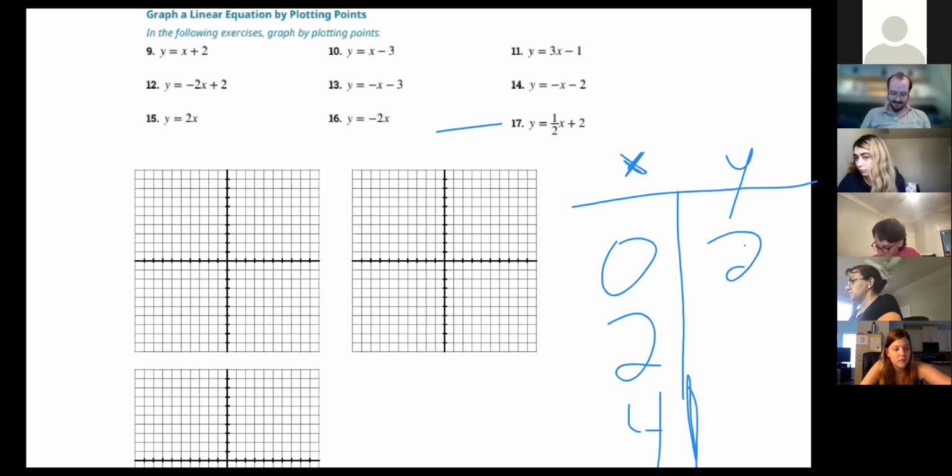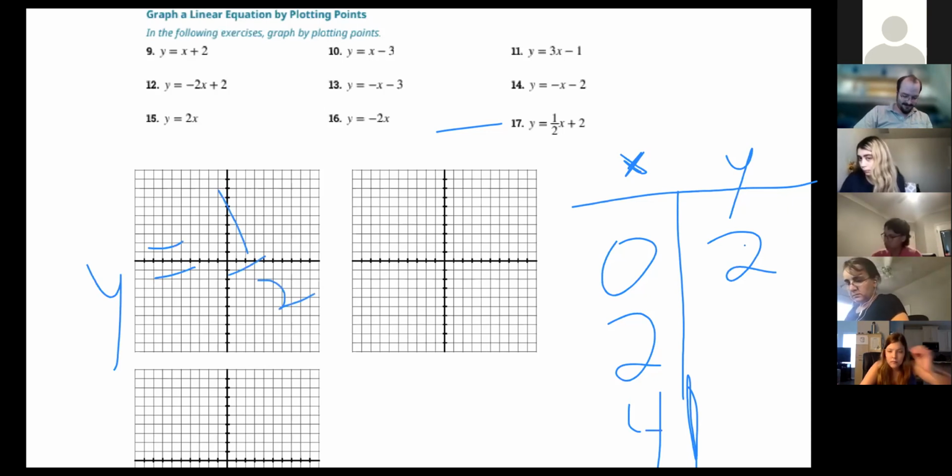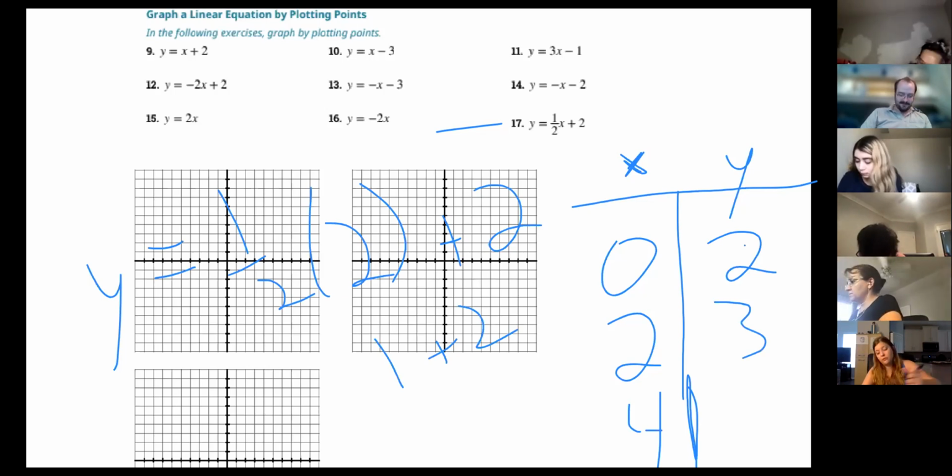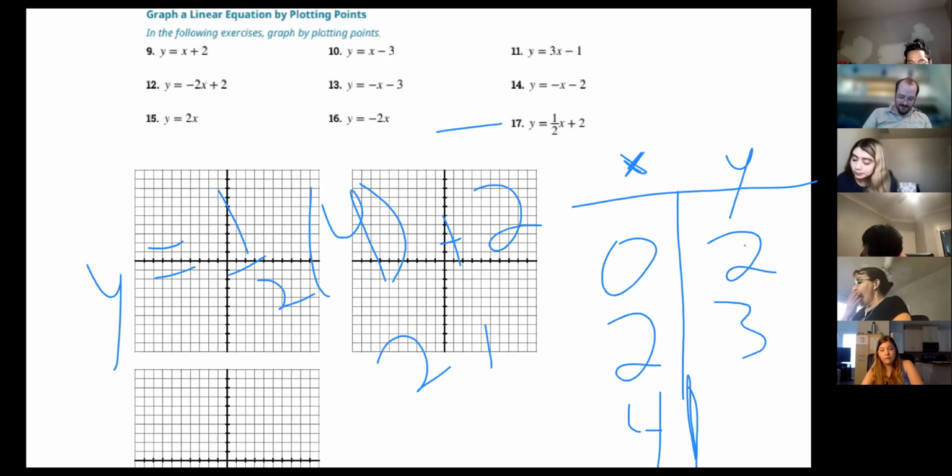Yeah, that's it. And if I plug in 2? 3? Yeah, 1 plus 2 gives me 3. If I plug in 4? 4? All right, let me double check. 4, half it, that gives me 2 plus 2. Yes, that's it. 4, 4.